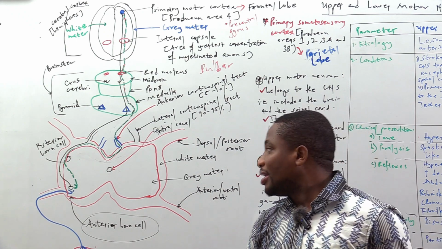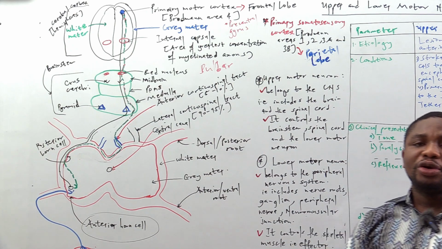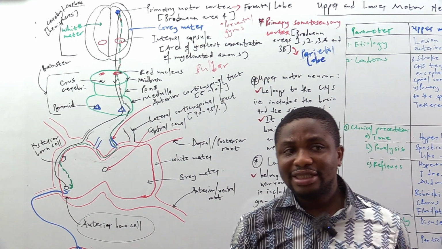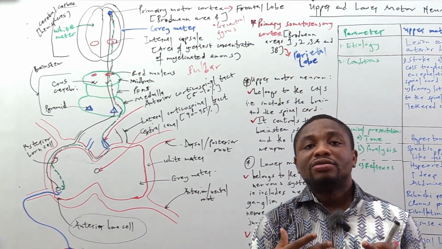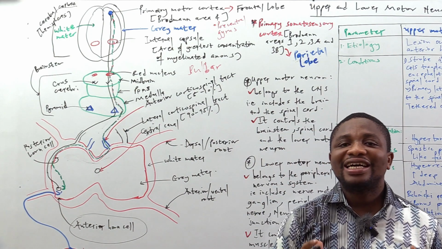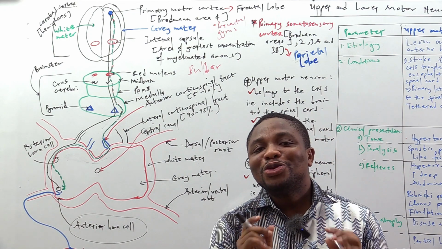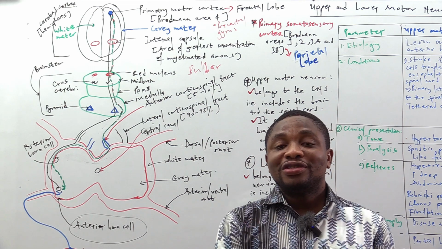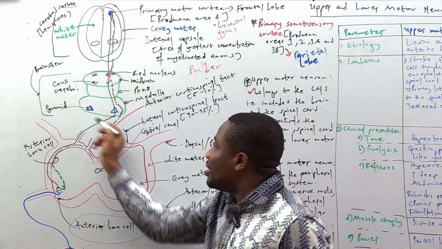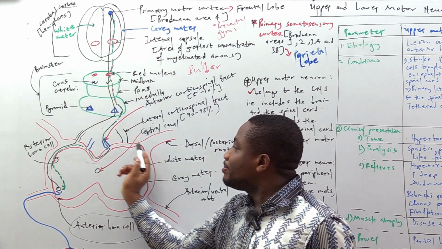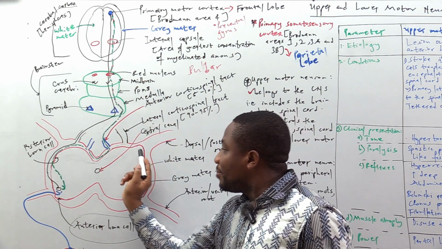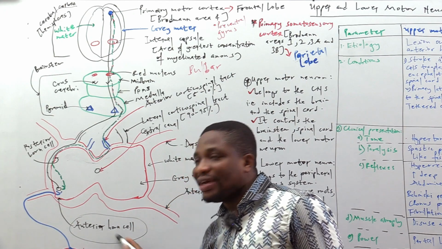motor neuron. Now, you should know that the upper motor neuron belongs to the central nervous system. And what does the central nervous system consist of? It consists of the brain and the spinal cord. And you should know that the upper motor neuron controls the brainstem, the spinal cord, and the effector.